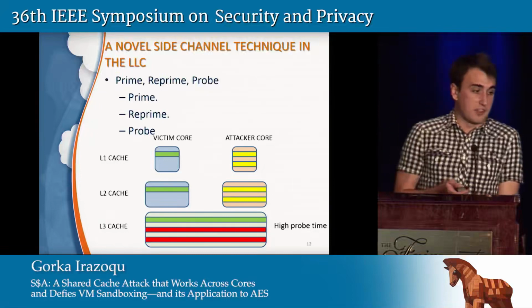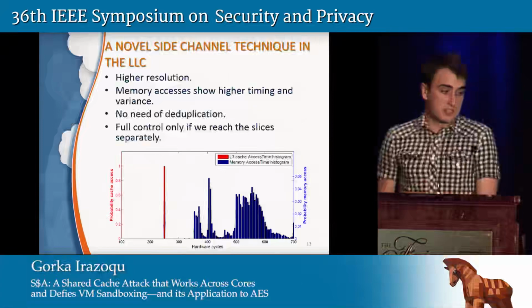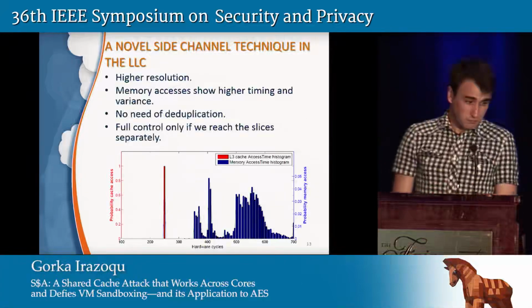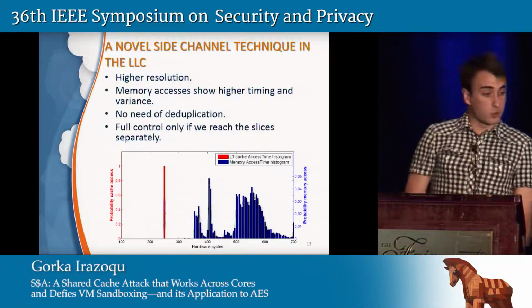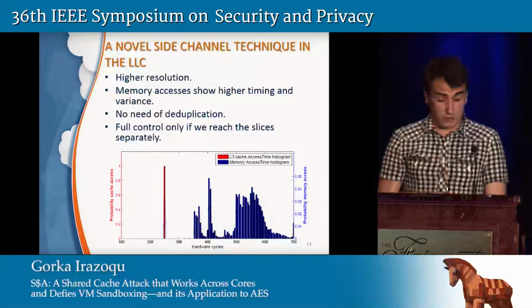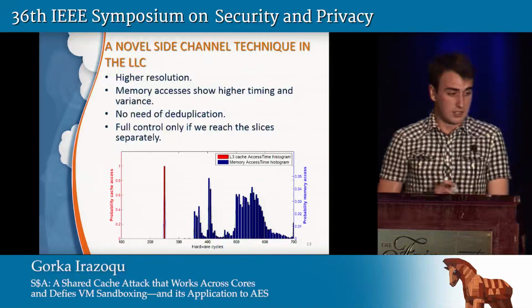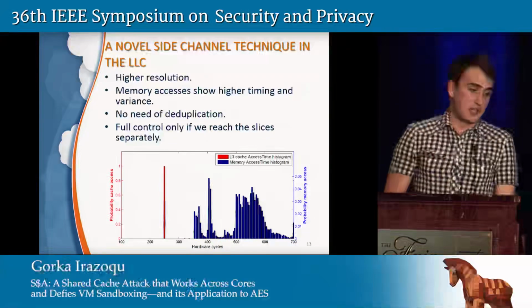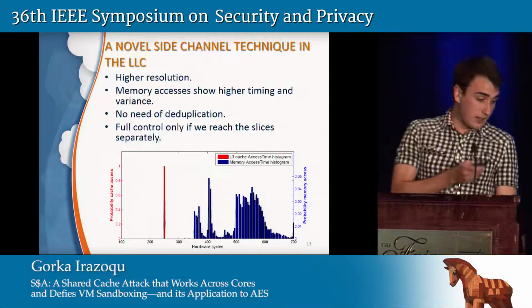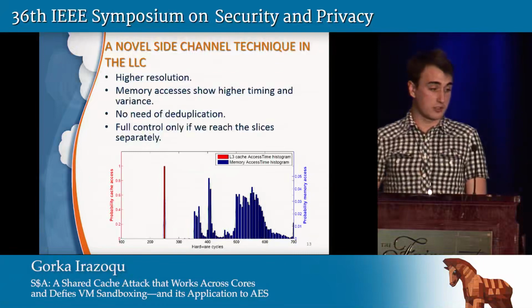The question is if this is still distinguishable. Well, indeed it is. We can see in the plot the probability distribution of 12, the red distribution is 12 lines reloaded from the last level cache, and the blue distribution is 11 lines from the last level cache and 1 from the memory. And indeed, this is the probability distribution over the hardware cycles.